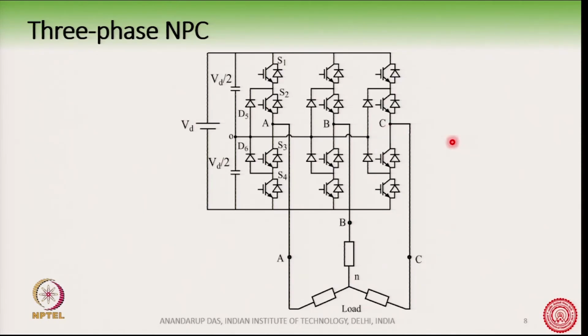So, the midpoint of the DC bus is physically accessible and it is used in a neutral point clamp converter. There are 4 transistors with antiparallel diodes along with 2 clamping diodes D5, D6, and similarly the B phase and the C phase also have clamping diodes. We will now see the detailed operation of this converter.